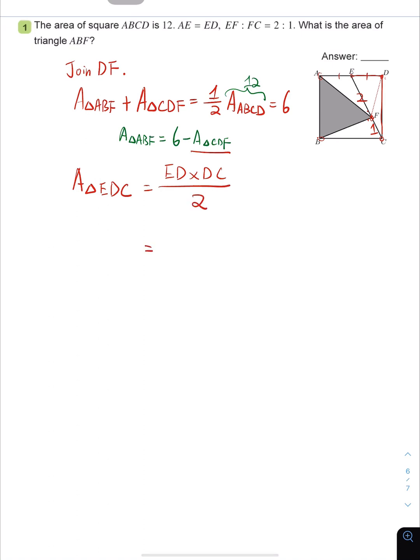So what is ED? You can see that AE is equal to ED from the question. So it means that it is going to be half the side length of the square, right? So we can say that it is half the length. And what is DC? DC is the length.